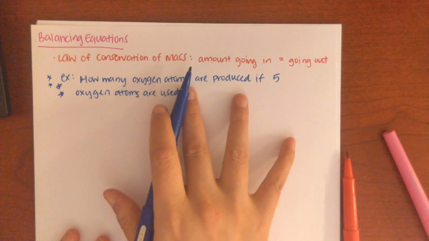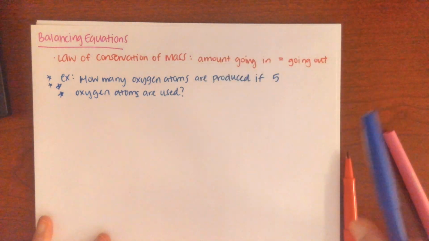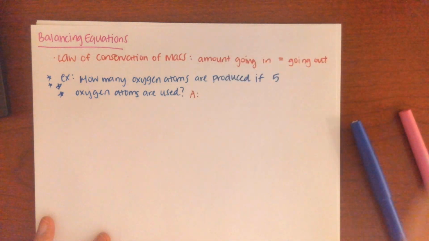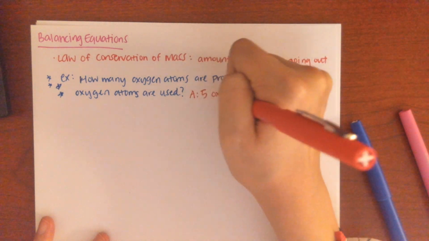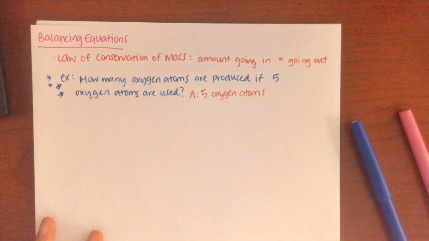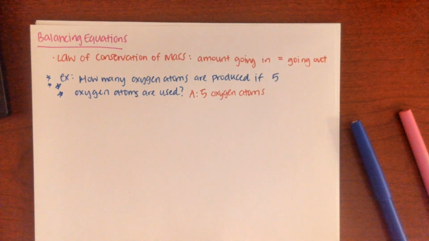With the law of conservation of mass, amount going in equals amount going out. So literally 5 oxygen atoms are produced. That's it. It's easy yet so difficult. It's all about understanding the concept, which is why when we balance, both sides have to equal the same.